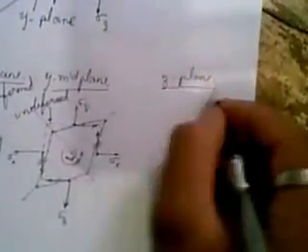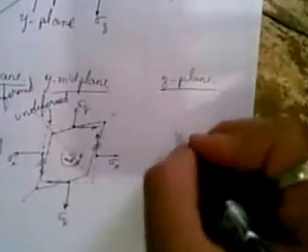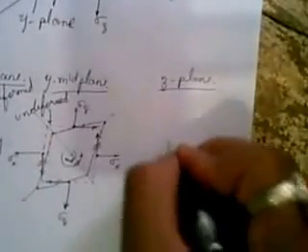The dotted lines represent the undeformed positions, and the Z plane is this one.